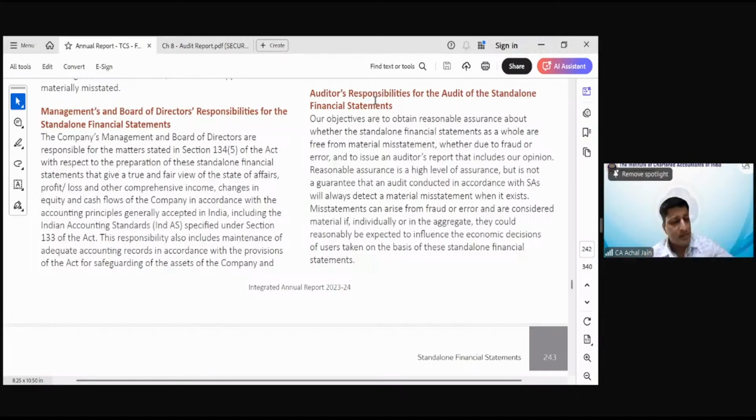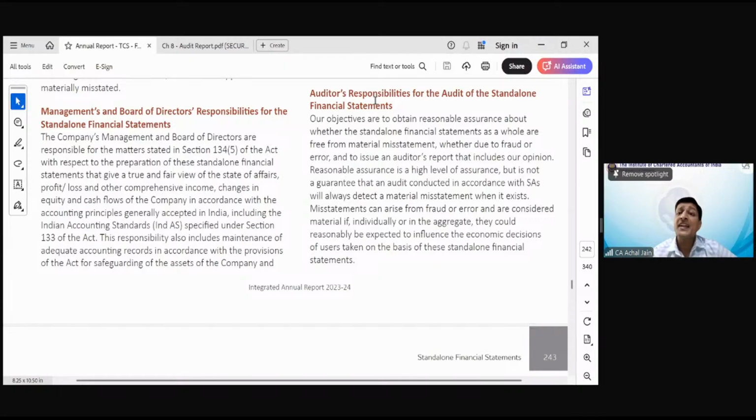In this case, the auditor has covered everything around the responsibilities which were primarily the responsibilities of the management, passed on in a way. So that's why the auditor has been able to clarify, and has tried to ensure that all of these things have been explained and covered.